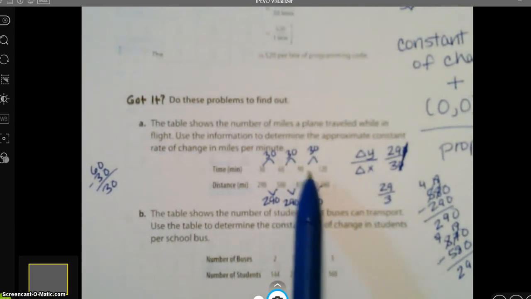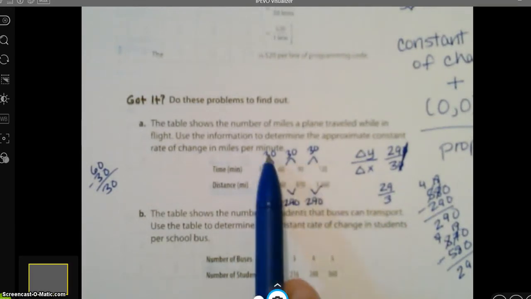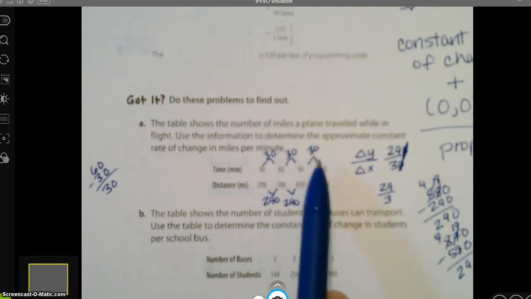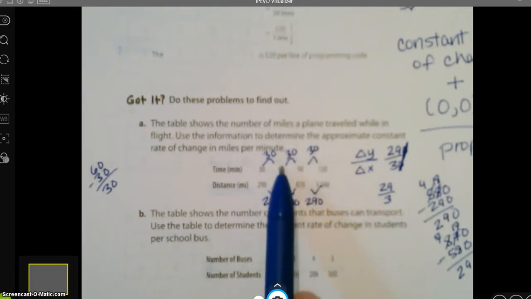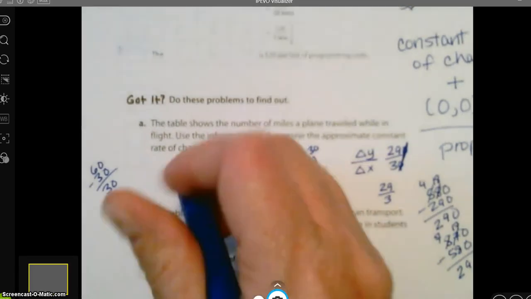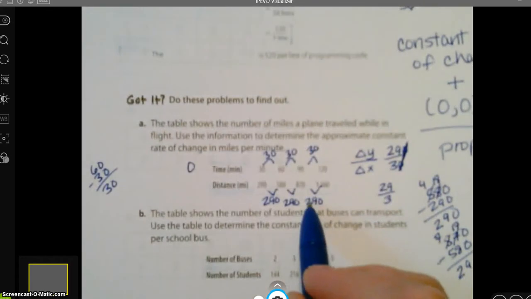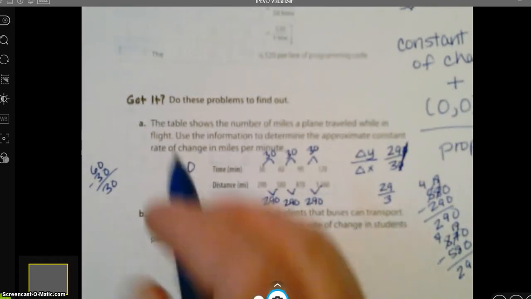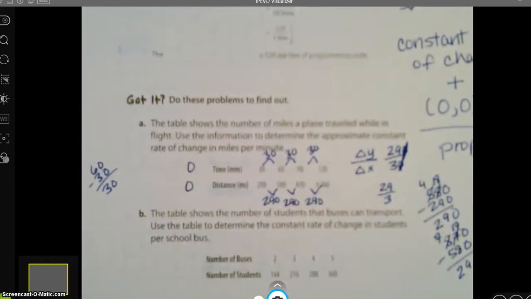And if I was to take this back, notice I'm changing by 30 each time, so each time I'm subtracting 30, and if I keep going back by 30, I get 0. Each time here, I'm going backwards by 290, and I would get 0. So what I want you to do on this one is see if you can figure out what the constant rate of change is.